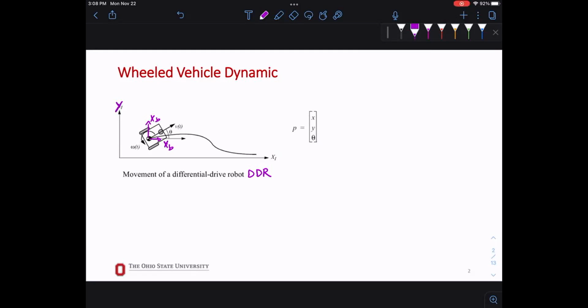If that's your board or your fixed reference frame, you could have a reference frame on your car, right? So when you rotate the car, the reference frame on the car also rotates. So if I go here, now my reference frame on the car will be in this direction. You see that it's changing with respect to this board.